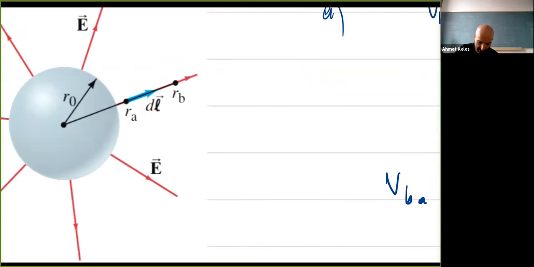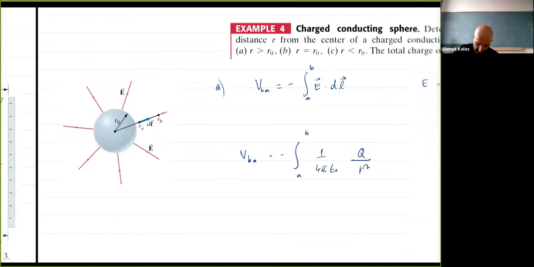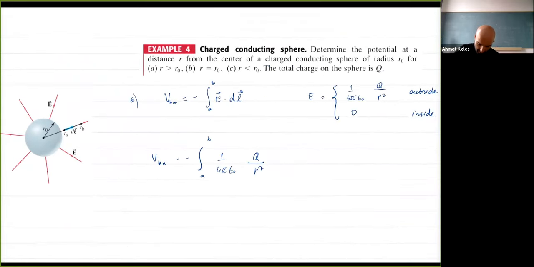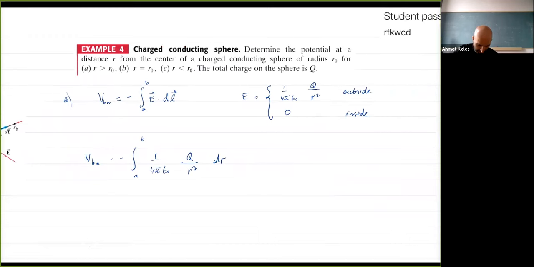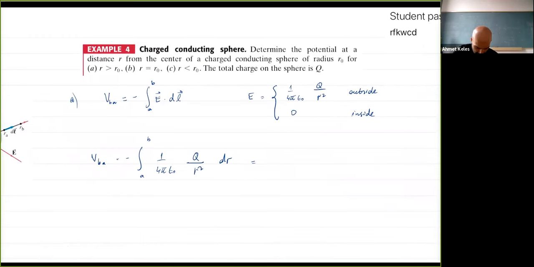The dot product gives me something like this, and dl is going to be dr in this case. So I can take this integral, which is 1 over 4 pi epsilon naught Q over r from A to B.